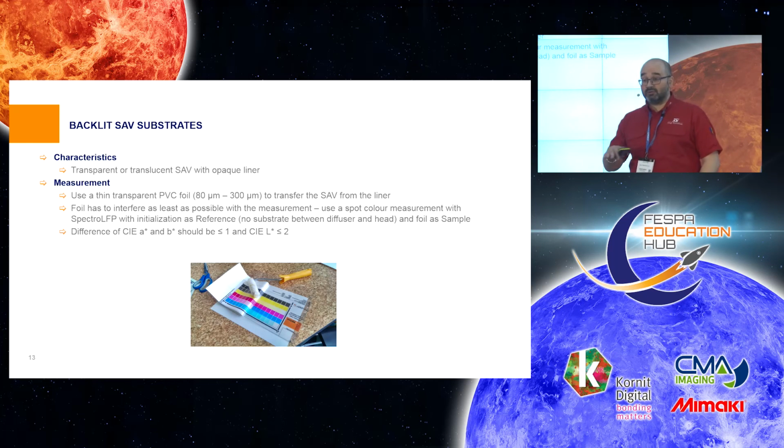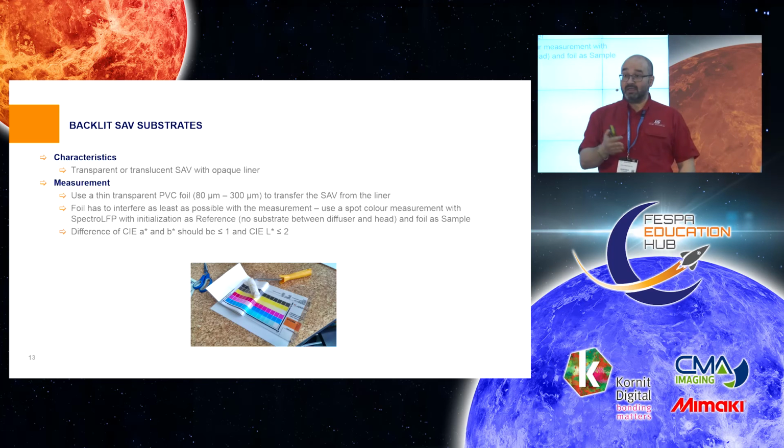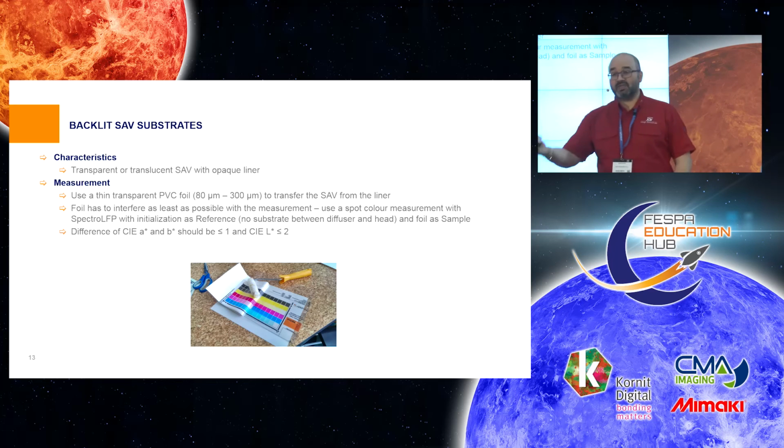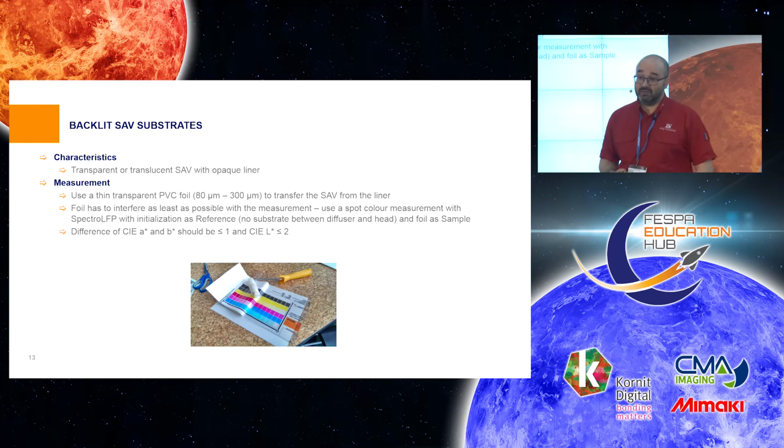Typically, we don't want it affecting color, so the deviation of the CA value and CB value needs to be lower than 1, and the lightness difference needs to be lower than 2. If the foil passes this simple qualification test, then we simply take our backlit self-adhesive vinyl, put it on this transparent foil, and we can actually measure the substrate.